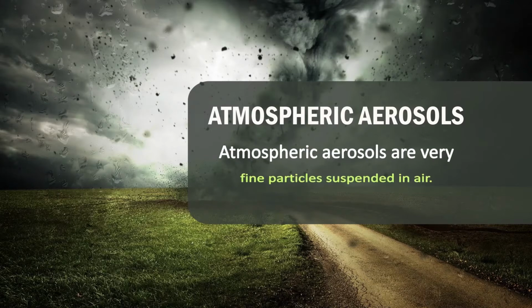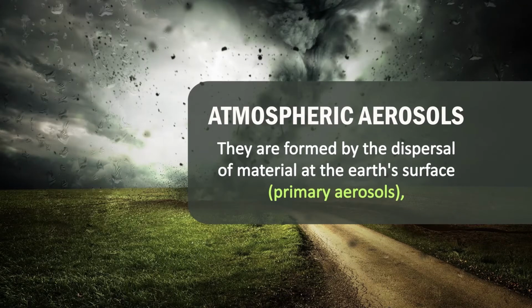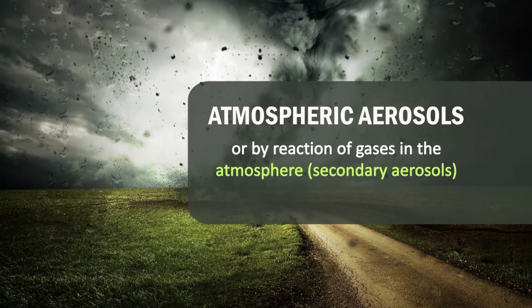See, these atmospheric aerosols are very fine particles suspended in the air. They are formed by the dispersal of material at the Earth's surface, basically called primary aerosols, or by the reaction of gases in the atmosphere, which we call secondary aerosols.